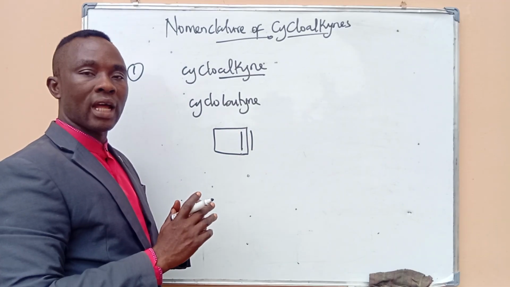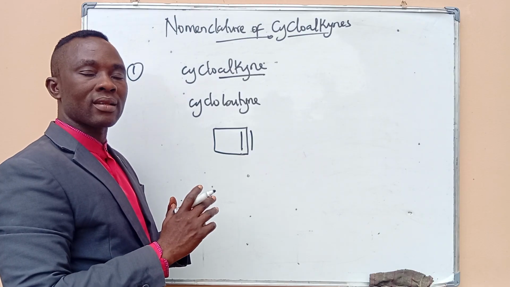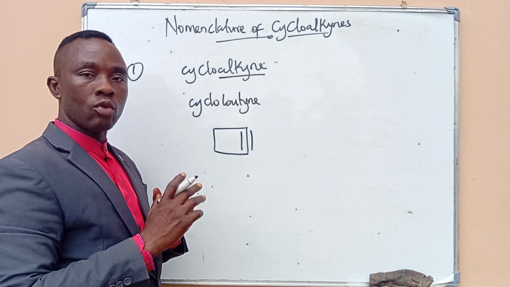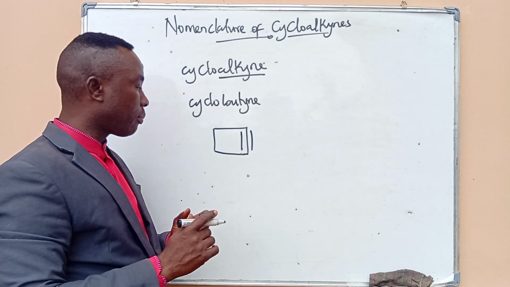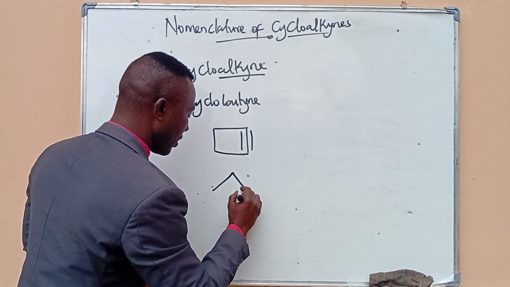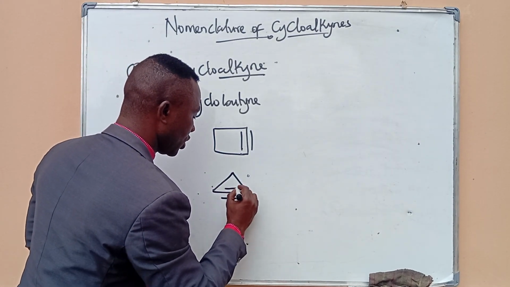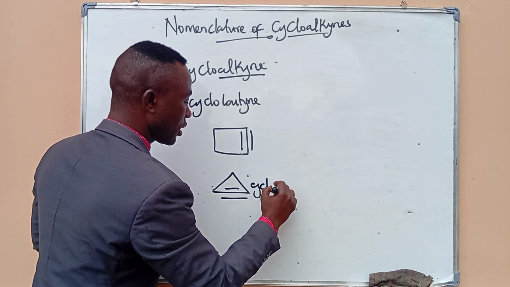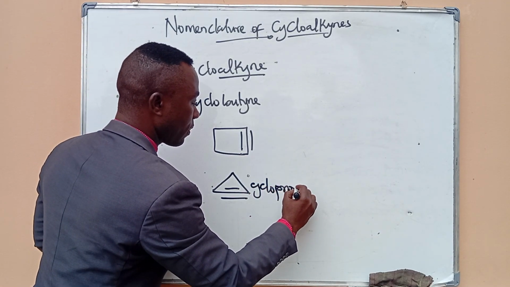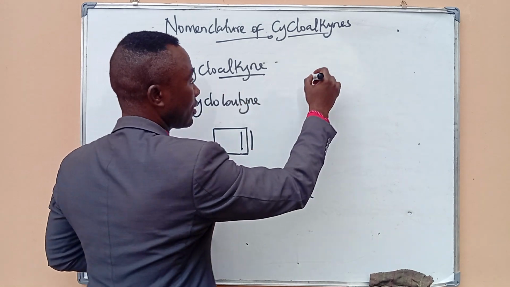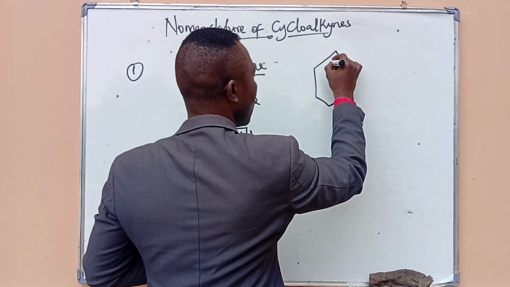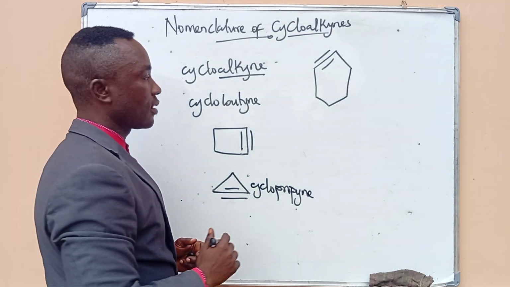The least number of carbon atoms that a cyclic compound can have is 3, because it takes a minimum of 3 carbon atoms to form a cyclo compound. So we can have a compound this way, which is what? Cyclopropyne. And this is a cycloheptyne.